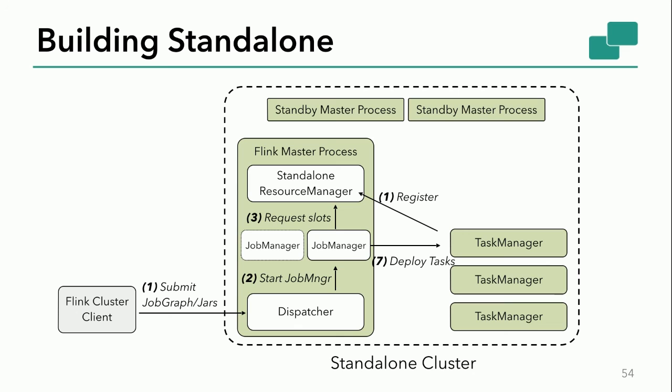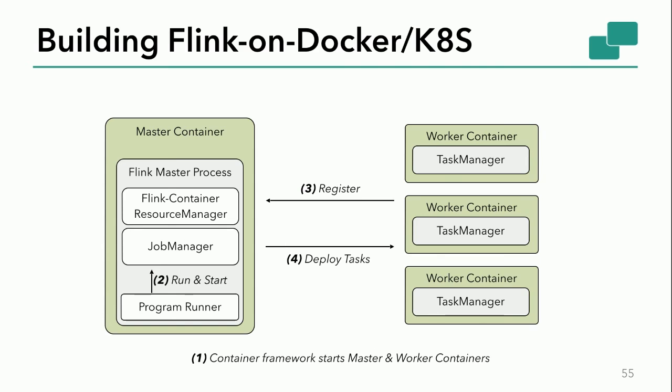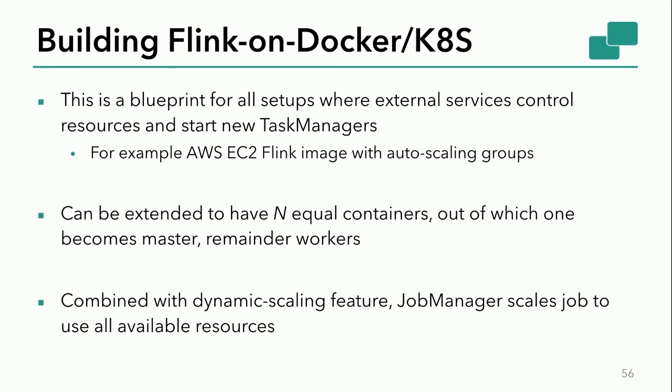It isn't clever enough, or needing, to start them on its own. And then what does Flink on Kubernetes look like? Similar to what I just showed you, we can have two kinds of containers, worker containers and master containers that hold the client and the job manager and the resource manager all in one process.